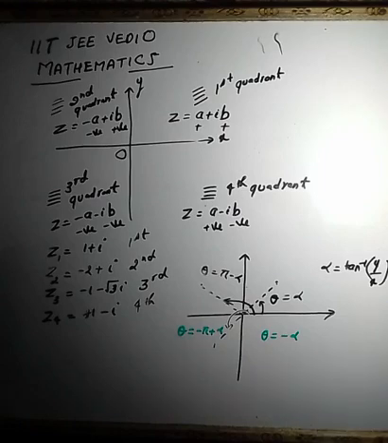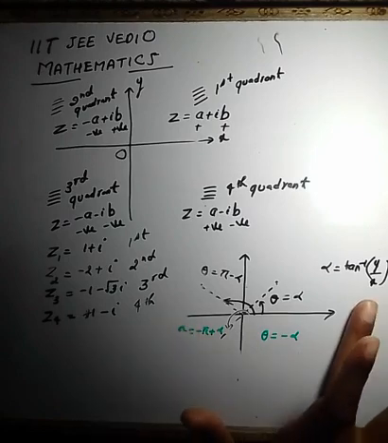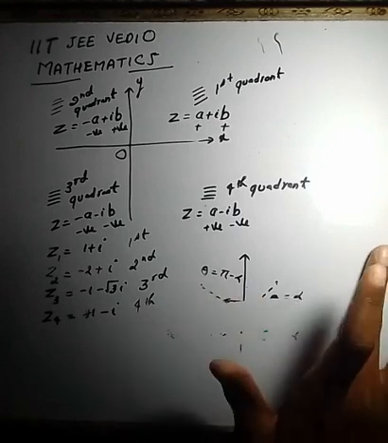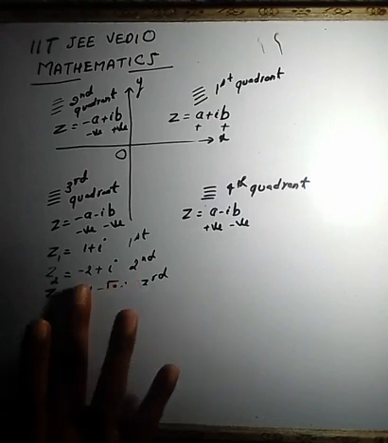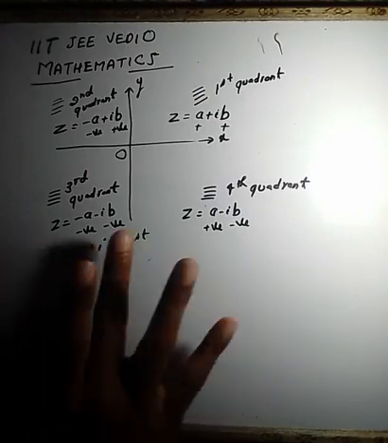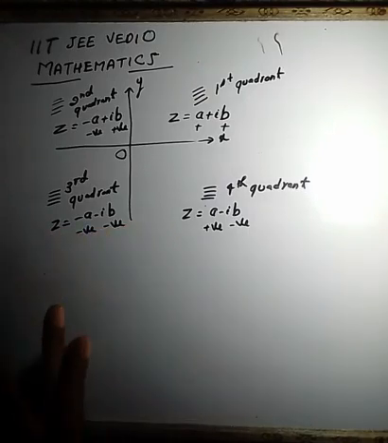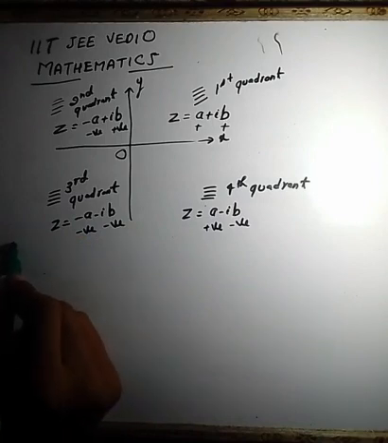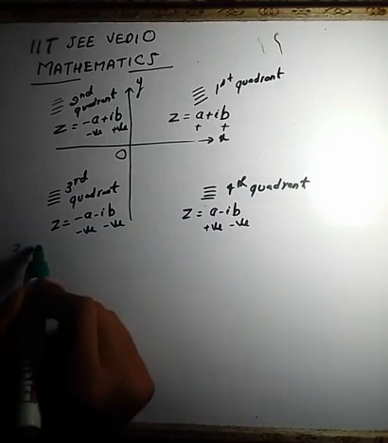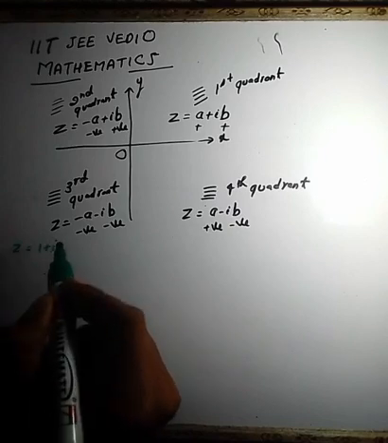Okay, so now we will see some examples to find argument as well as modulus of any complex number. Okay, so z equals to 1 plus i.